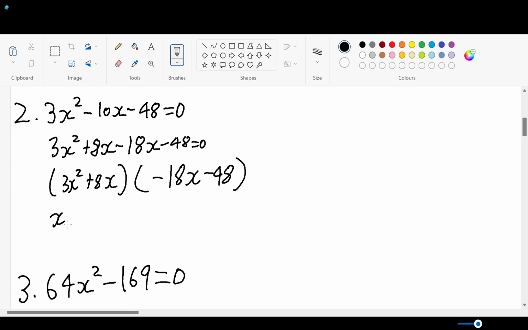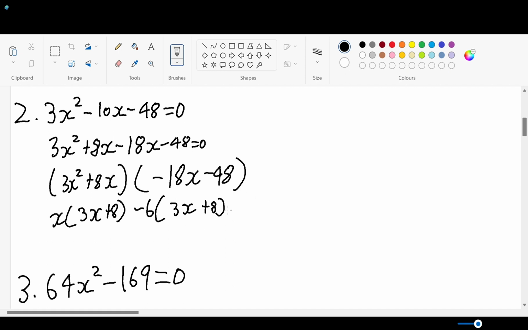So x, then 3x plus 8. You can factor out negative 6 from the second group, minus 6, then 3x plus 8.